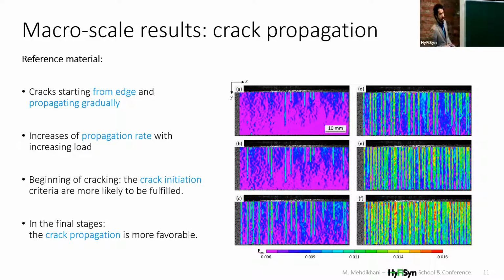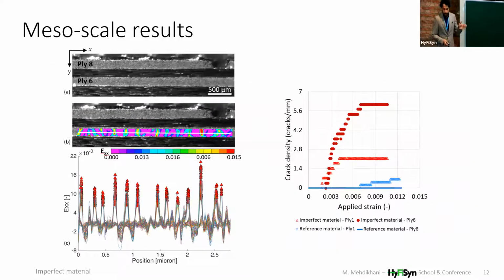And since we have a 90-degree ply on the surface, we see that this saturation level is quite high, and somehow at this scale covers all the surface. We can look at the edge of the specimen, the same story, the same concept. The cracks appear here as peaks in strain profiles, and we can obtain crack density evolution for these two materials.